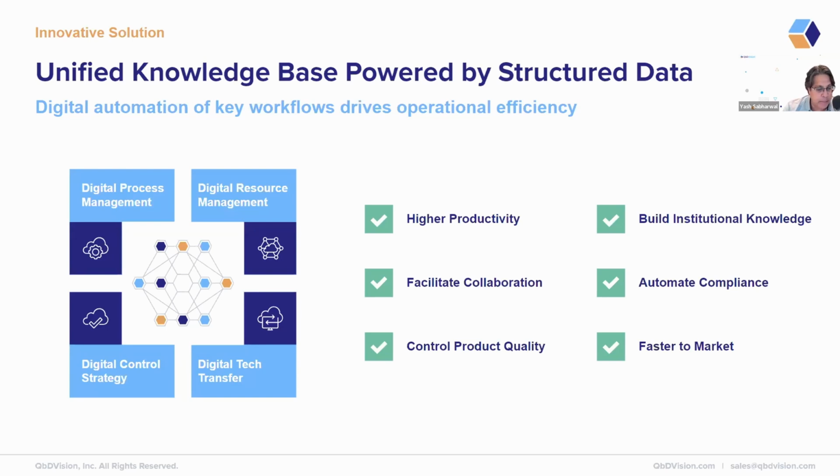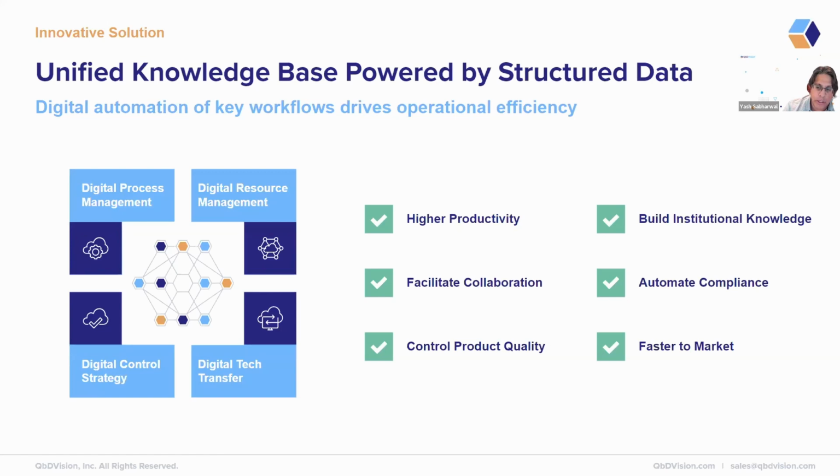We're talking about managing your control strategy in a digital way, and ultimately managing your tech transfer digitally to avoid all of the current challenges that you have with document-based tech transfer. And the goal really here is to drive higher productivity in your organization, to facilitate collaboration, to really do a better job of controlling product quality as your process matures and scales towards commercialization.